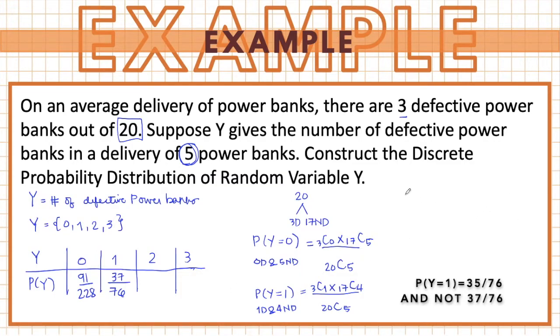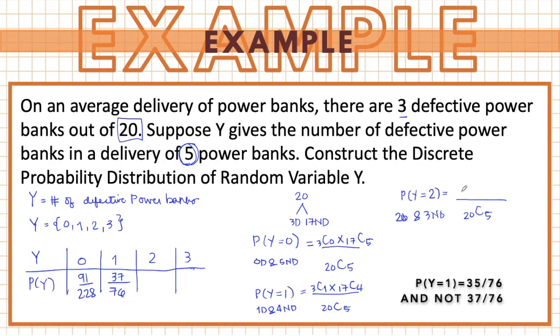Next, probability that y is equal to 2. So, again, our all possible outcomes is 20 choose 5. Kasi ang pinaka-situation natin dito, again, ay kukuha ka ng 5 sa 20 power banks. Then, ang favorable natin, we should be getting 2 defective power banks, and the rest are non-defective. So, that will be 3 non-defective power banks. Okay?